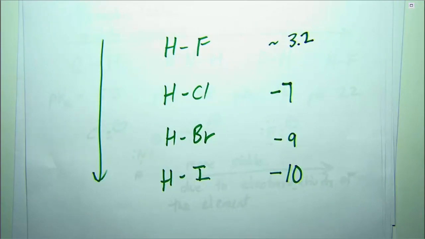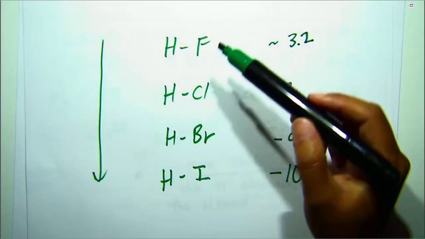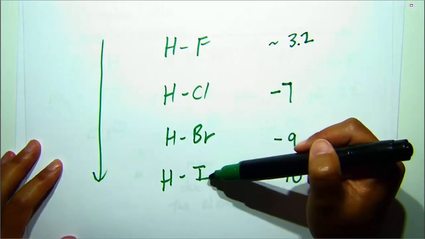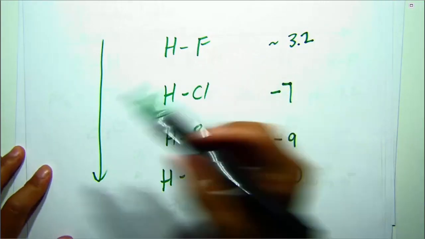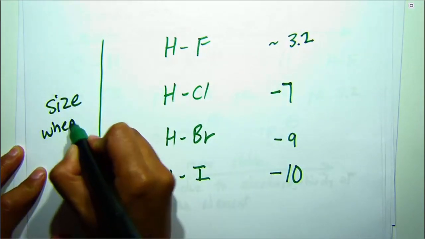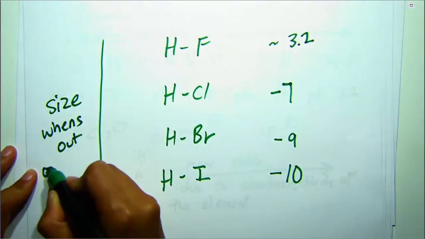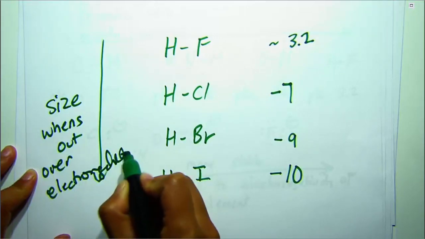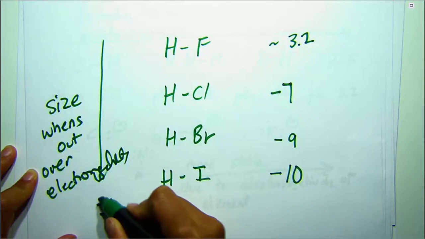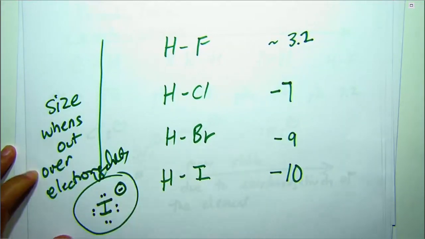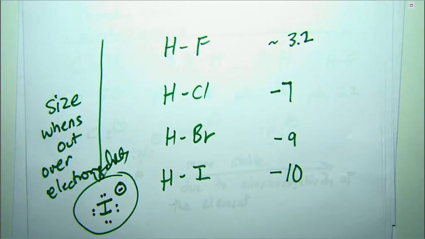Okay, so what's happening here? Well, even though electronegativity is actually decreasing, what happens is the anions become bigger. So the size kind of wins out over electronegativity. Right, so I minus is actually better able to carry that negative charge because it's a very big polarizable atom.